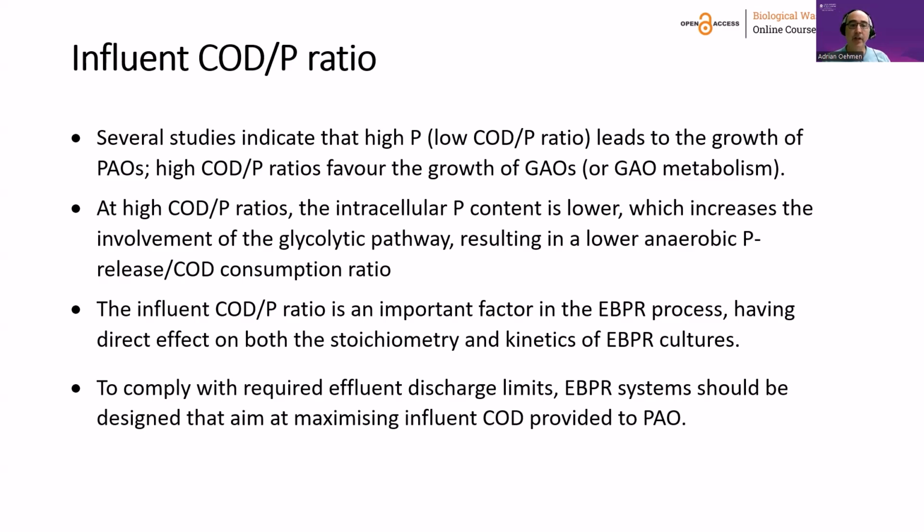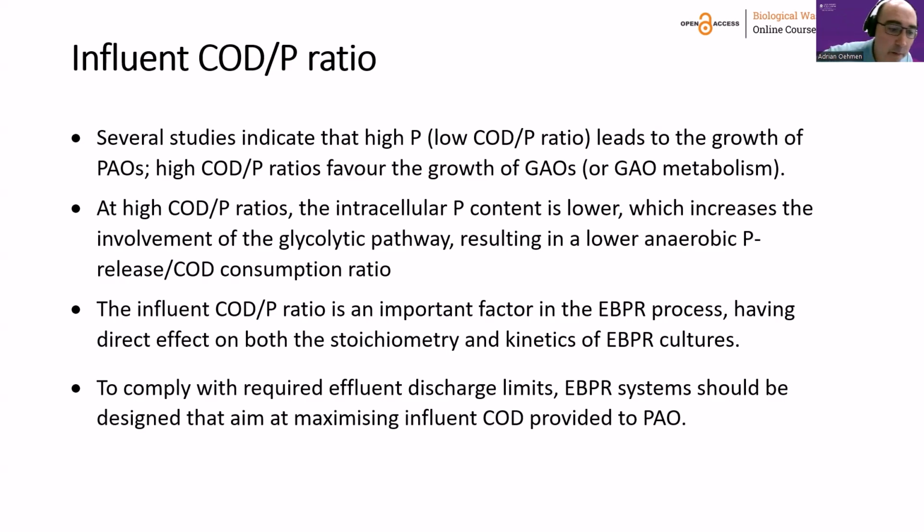Okay, so effectively you can have phosphorus limited environments, right? So this has a direct impact on the stoichiometry and kinetics of EBPR, and to comply with effluent discharge limits, we should try to maximize how much of the influent COD goes towards POWs.